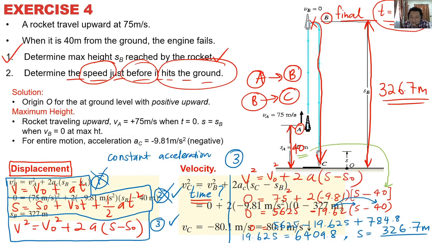Do we know the time? No. 7.65 is from the 40 meters. From above until down, we don't know. If you don't know the time, use equation number 3.